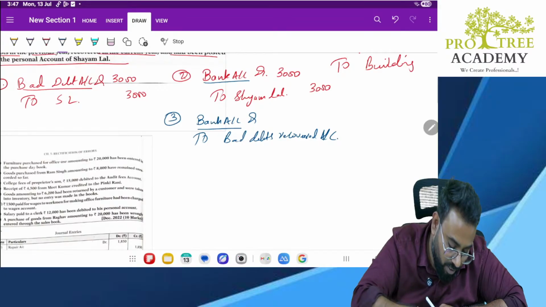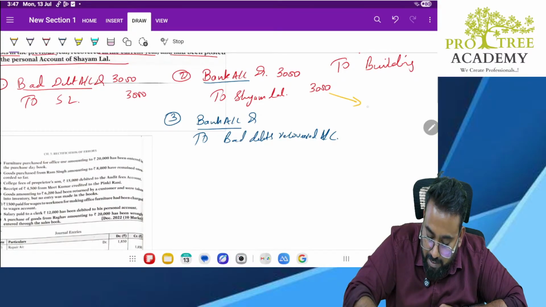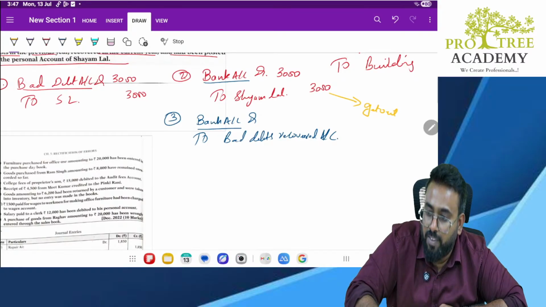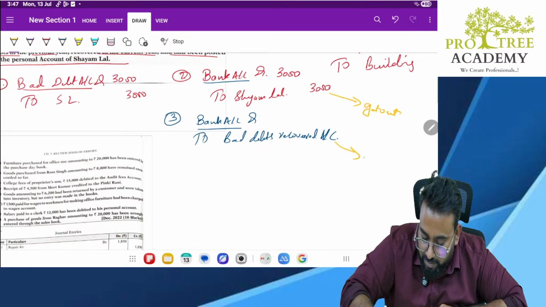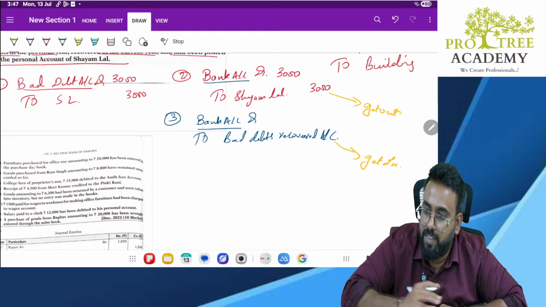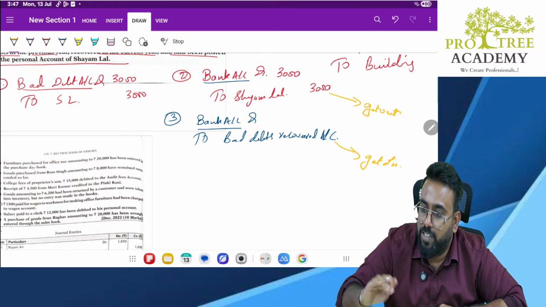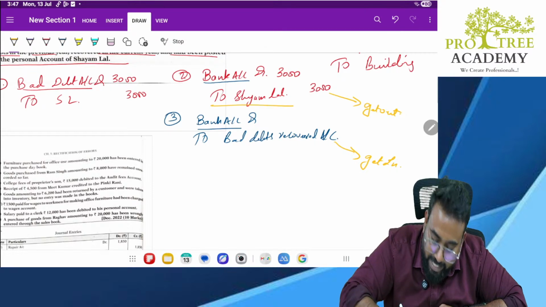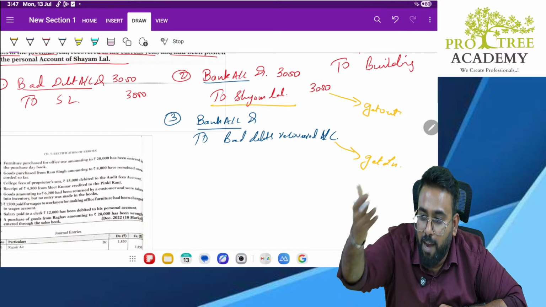What needs to get out? Shamlal, get out. What needs to come in? Correct or no? If you want to send something out, see what it has been done, credited. Do the opposite.